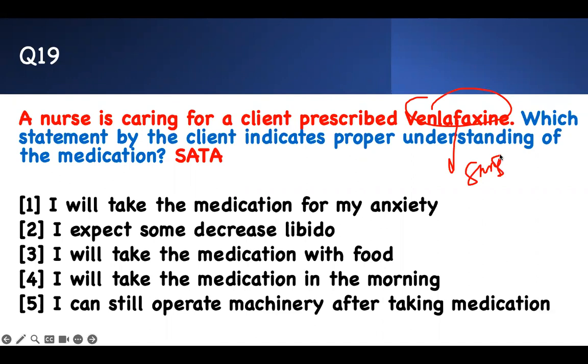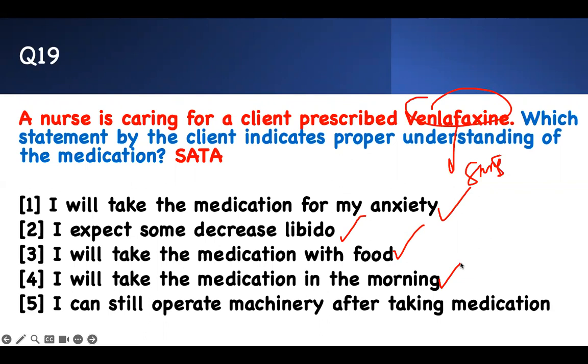"I will take the medication for my anxiety." It can be used for anxiety and for depression. "I expect some decreased libido." Of course, this one, yes. "I will take the medication with food" for GI symptoms. "I will take the medication in the morning." What? Insomnia. "I can still operate machinery after taking the medication."